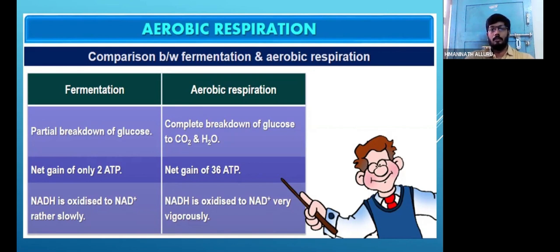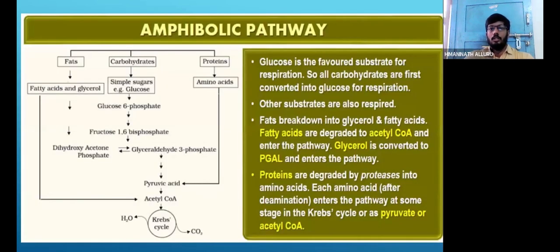They have to learn some extra points, they must know. So the amphibolic pathway: here again, when we are explaining this, we need to go back to the glycolysis cycle, and we need to say that glucose is definitely a very important respiratory substrate, but that doesn't mean, because students right from the small classes have studied only that carbohydrates and fats are the energy giving foods, as if we don't get any energy from other substances.